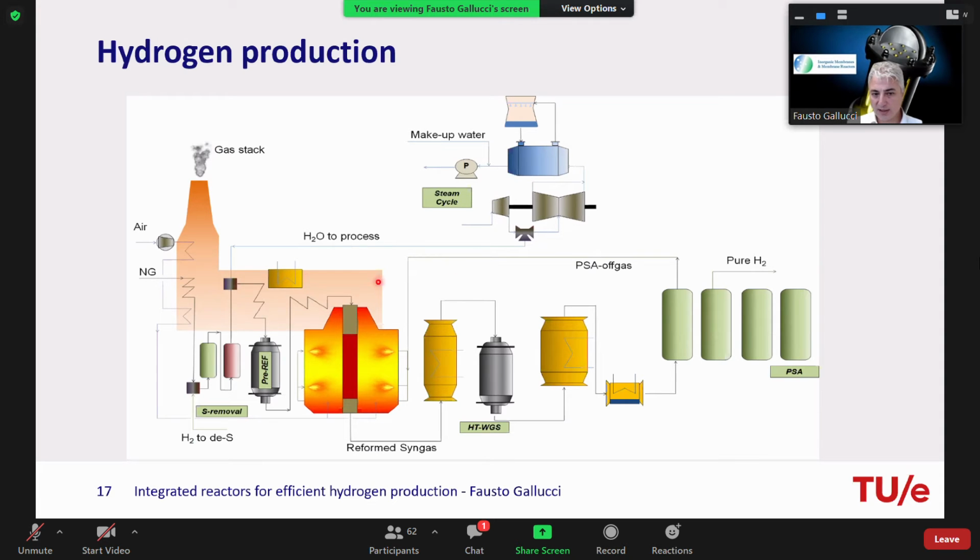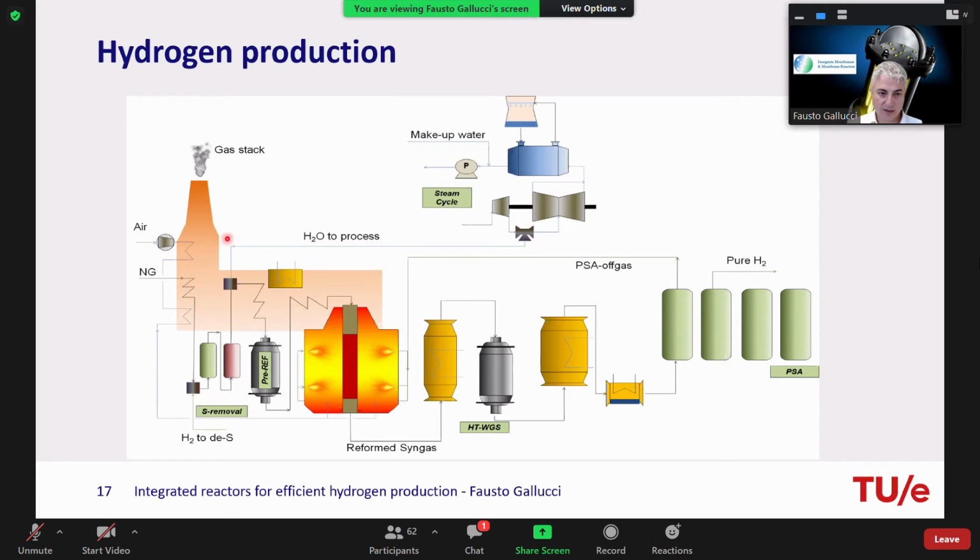And of course, this system is quite efficient, simply because, first of all, people don't care about CO2, and also they integrate the complete system with the steam production, and steam or electricity is also a co-product of this big hydrogen production system.